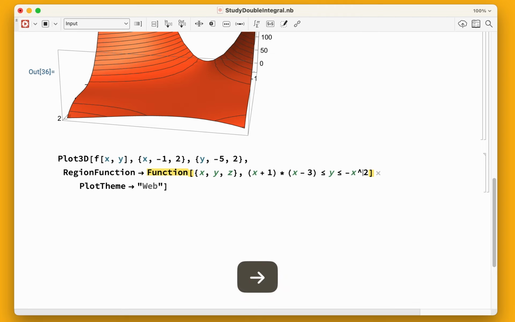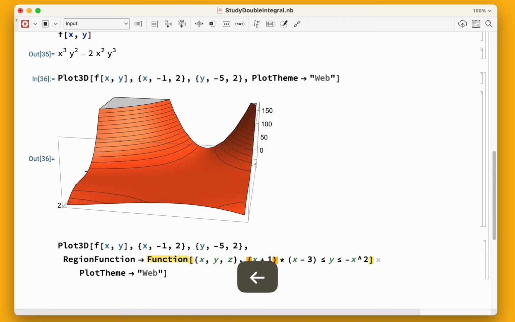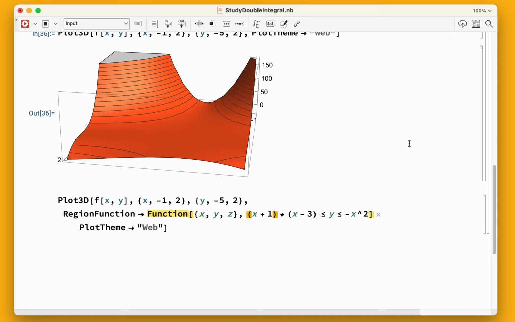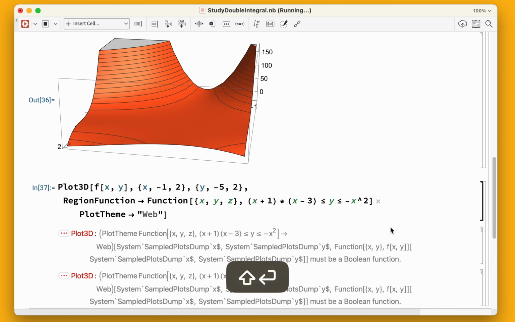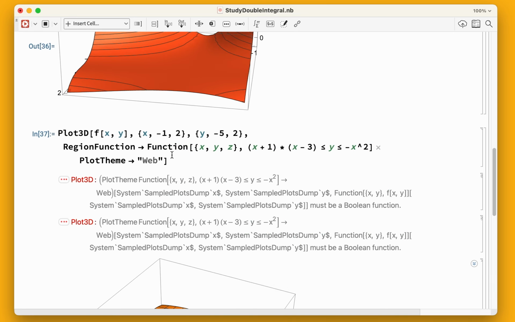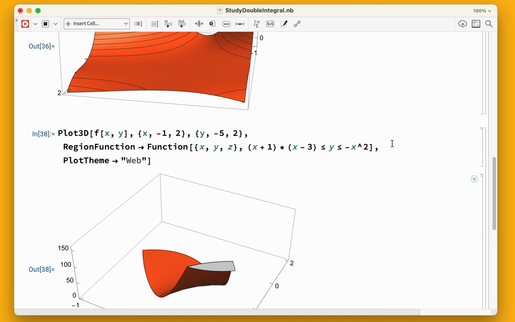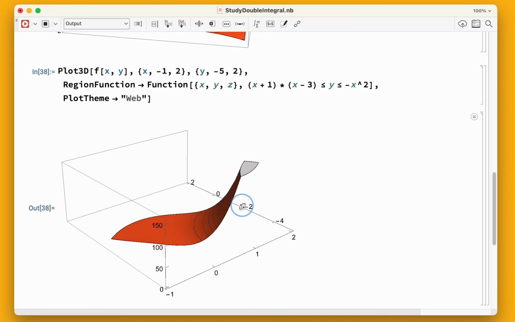So this is the range of y, and now we are going to restrict this function within this domain. Let's print it. Okay, got some error it seems. I'm missing a comma here. Yeah, got it.